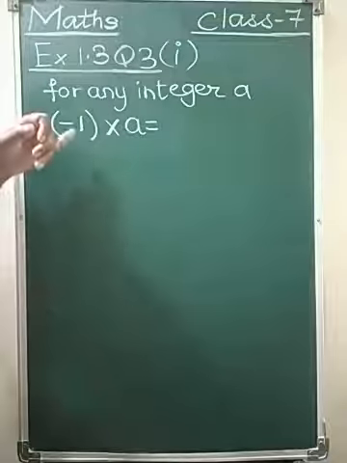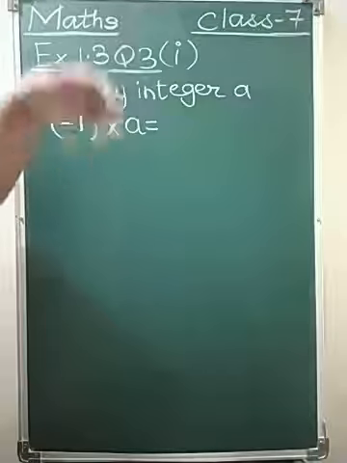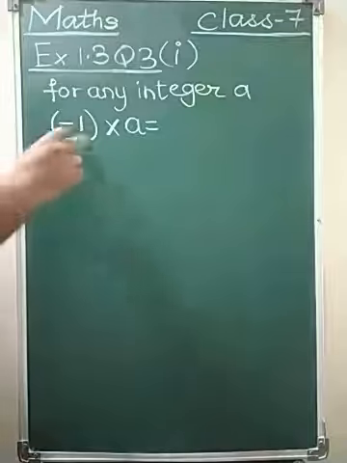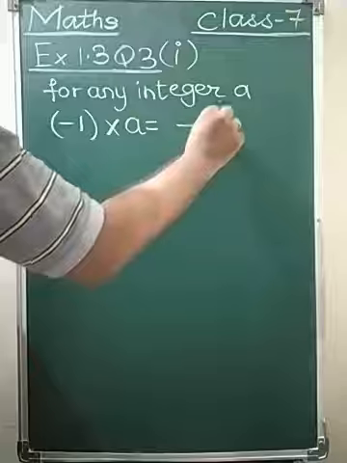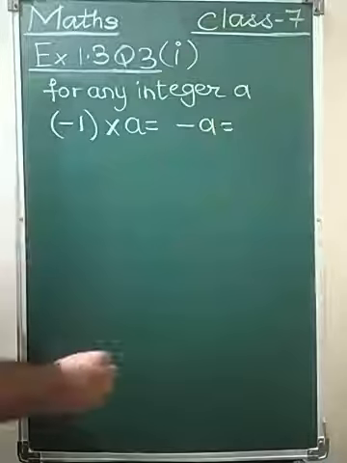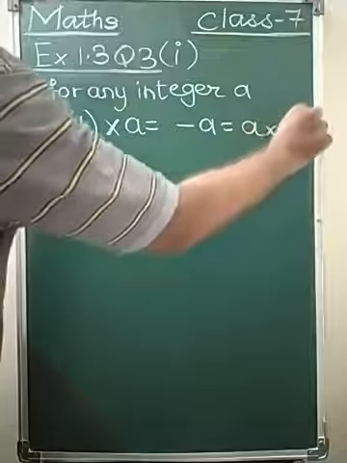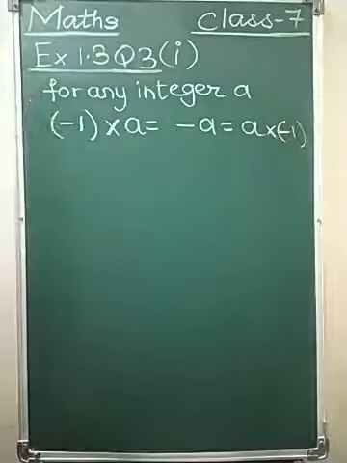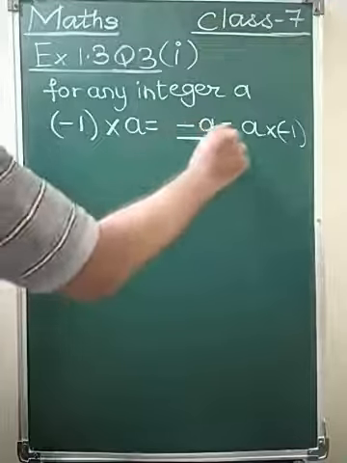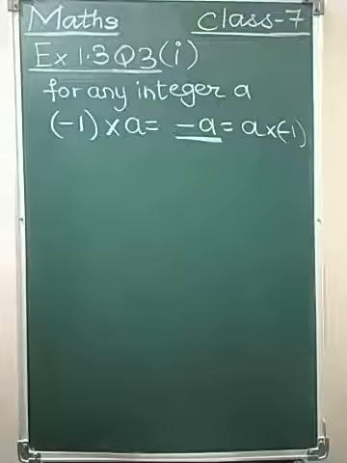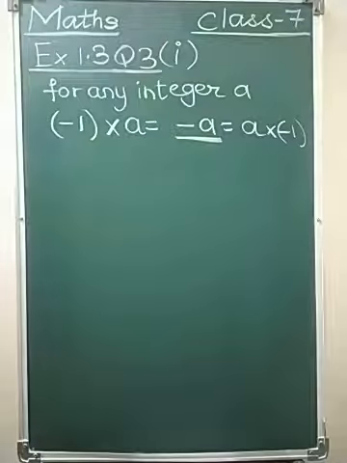So when 1 is multiplied by a, we get the same answer, but when minus 1 is multiplied by a, we get a negative a. So minus 1 multiplied by a equals minus a, or this can also be equal to a multiplied by minus 1. This is optional, you can skip it, but the answer should be minus a. So for any integer a, when it is multiplied by minus 1, we get a negative answer.